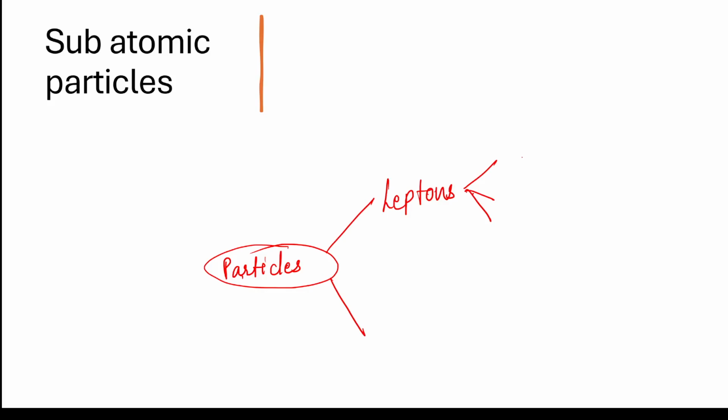There are 6 kinds of leptons, and then you have hadrons, which are made up of quarks, and there are 2 categories of hadrons: baryons and mesons. Baryons are made up of 3 quarks, and mesons are made up of a quark and an antiquark.